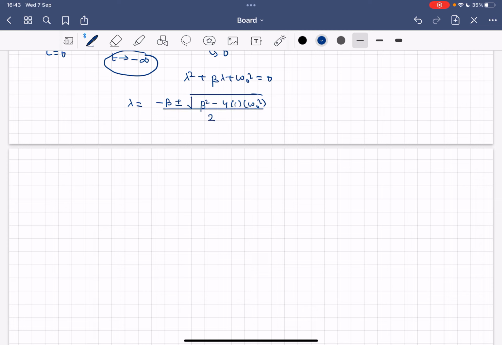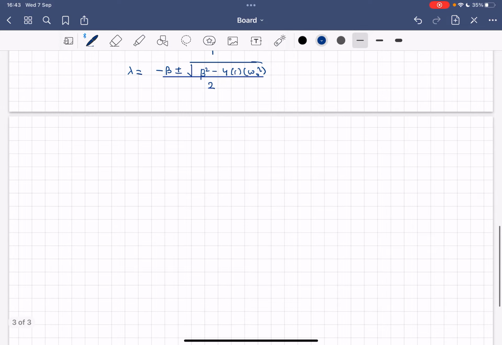So lambda equals minus beta plus or minus the square root of beta squared minus 4 omega naught squared, divided by 2.